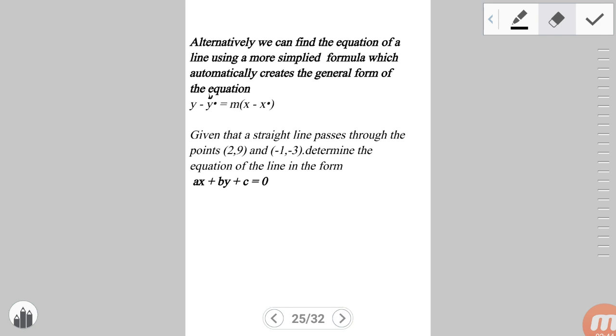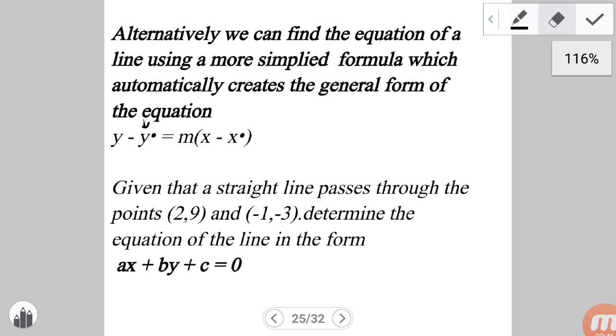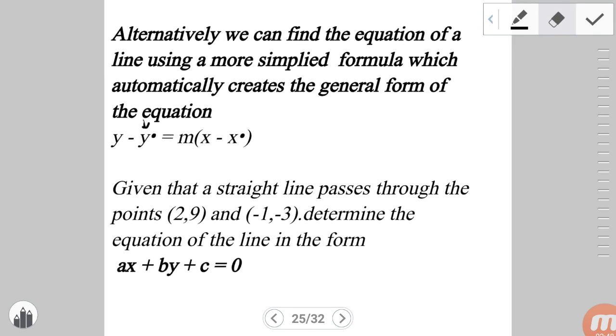Now, in today's video, we are actually going to be introducing an alternative method of finding the equation of the line. I really like this method because you find a lot of advanced students using it, in that we are able to calculate two things automatically.